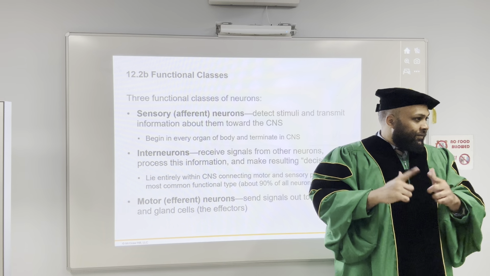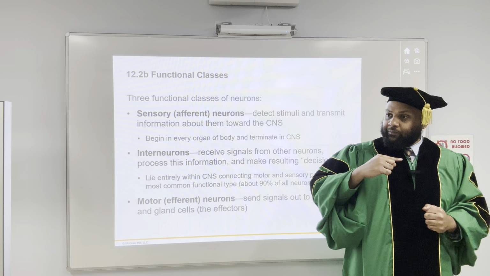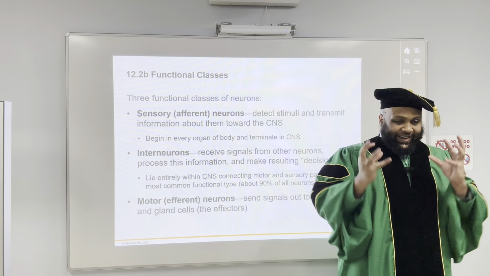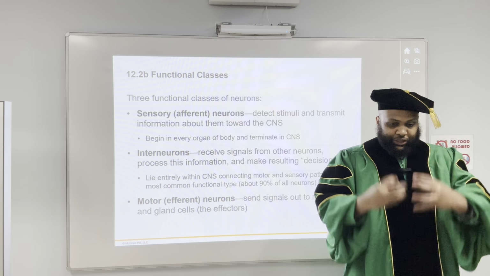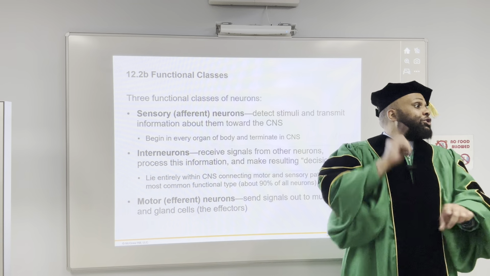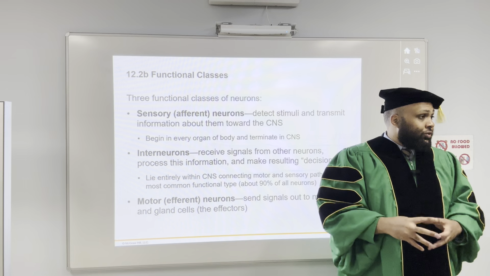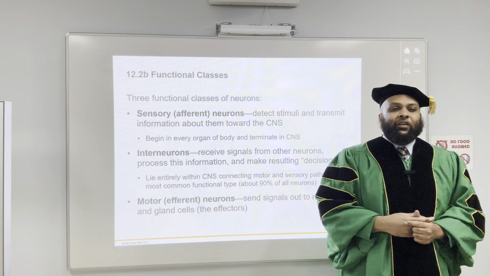They do that too, right? Your brain does that also. It receives phone calls to the brain, and while you are inside, the brain is talking to itself. These are known as interneurons. In fact, these are the most important and the most numerous. There are more interneurons than afferent neurons and efferent neurons.